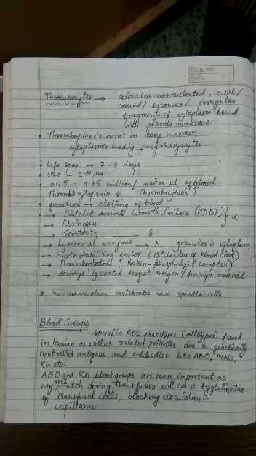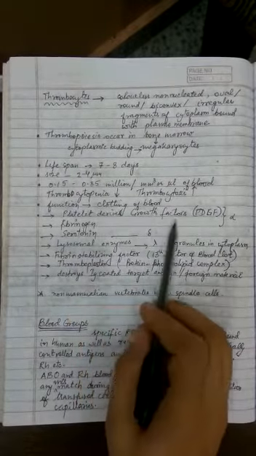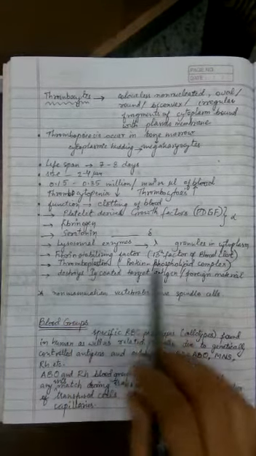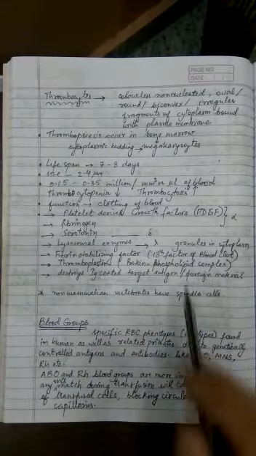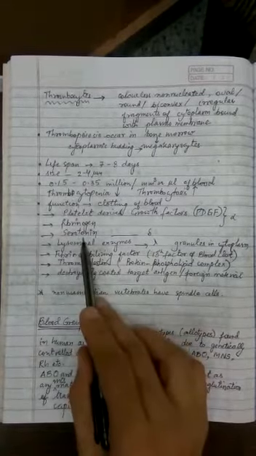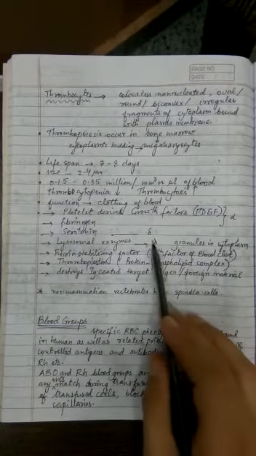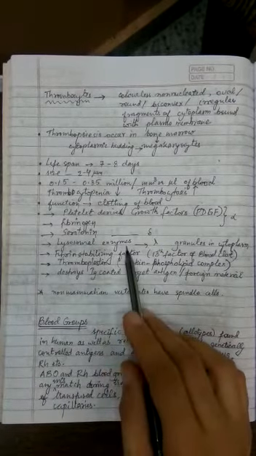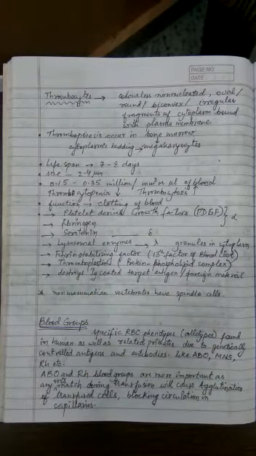The alpha granules carry the platelet derived growth factors and the fibrinogen required for clot formation. Then the delta type carries serotonin, which is a vasoconstrictor, that means it causes constriction of the blood vessels. And then there are the lambda granules, which carry the lysosomal enzyme. So these are the functional components of the thrombocytes.